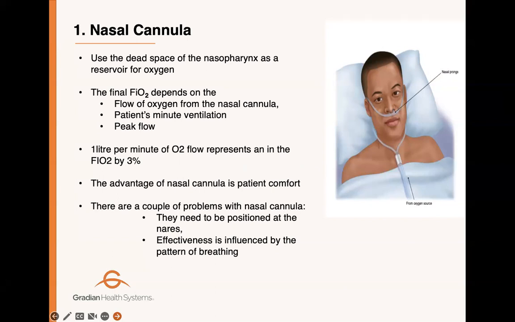One liter per minute of flow may increase your FiO2 by 3%. The advantage of the nasal cannula is patient comfort. There are a couple of problems: it needs to be well positioned on the nares, and the effectiveness of the nasal cannula depends on the pattern of breathing of the client. Next slide.